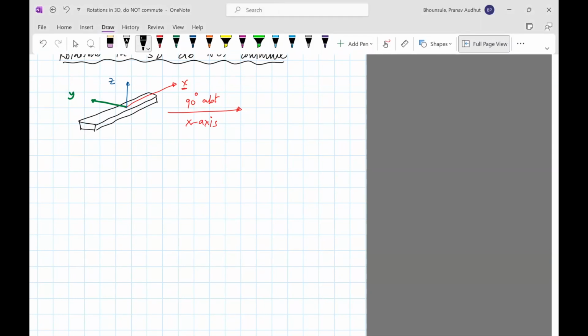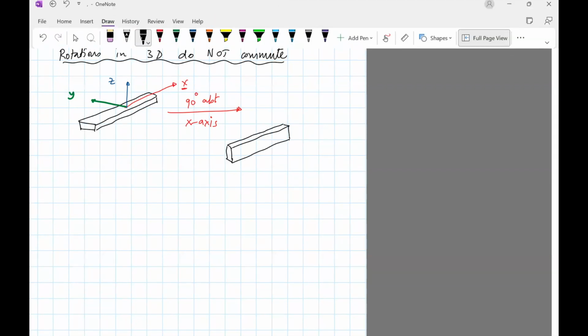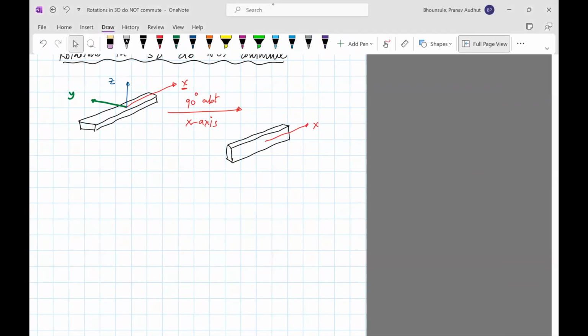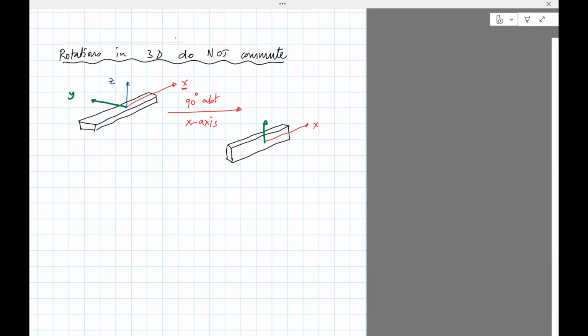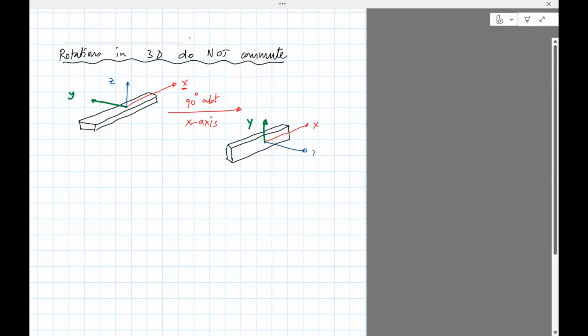So then what will happen is you'll end up with this configuration, with x still pointing this way. Okay, the frame y rotates with the object, so it will be in the same direction as it was originally, and then z would be this way.